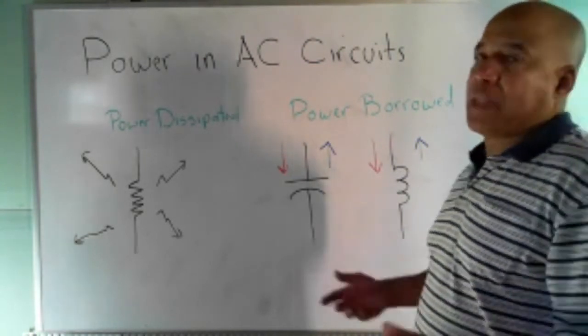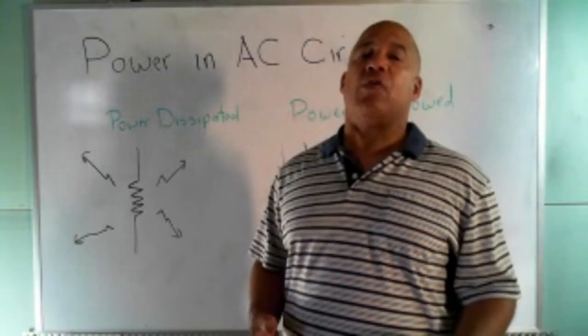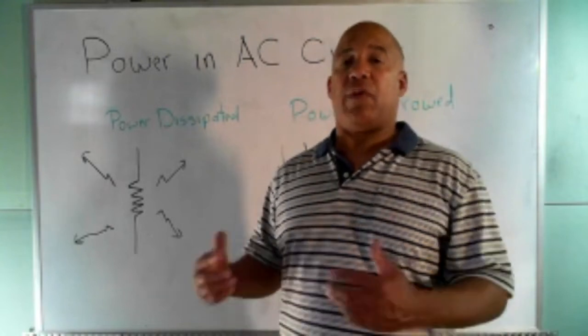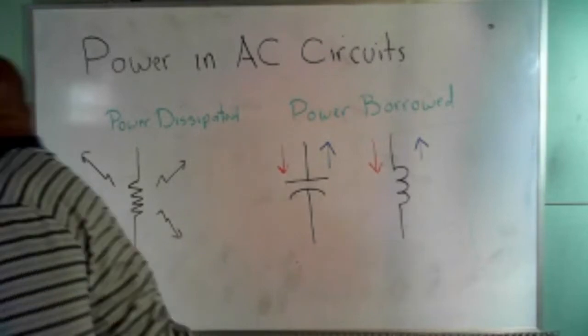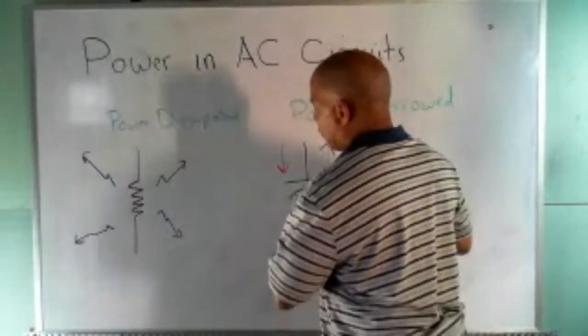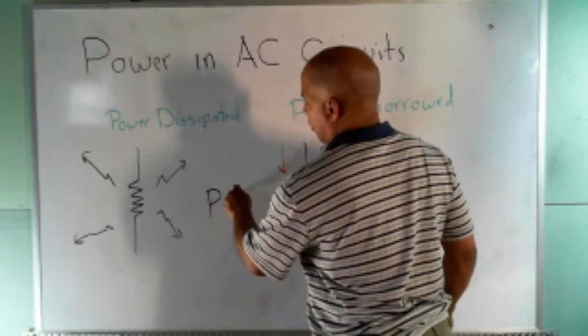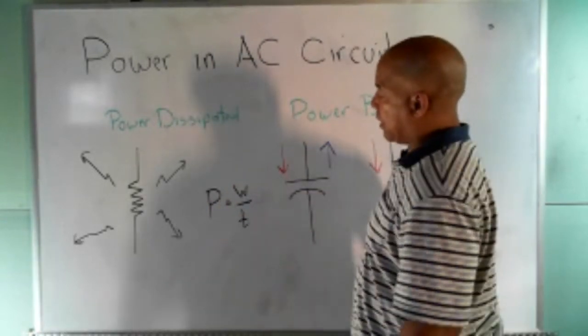What we know about power, if you remember from DC circuits, is that power is a rate of doing work. Power is a rate of converting energy from one form to another. So power is work per unit time, or I can write that as energy per unit time.